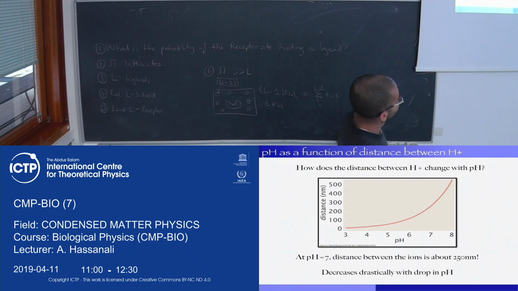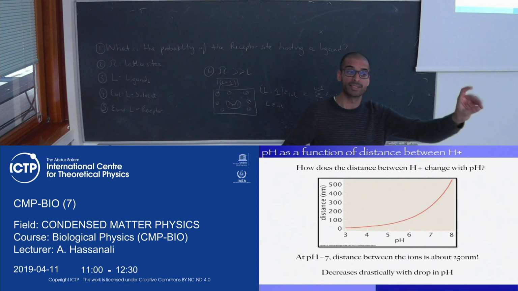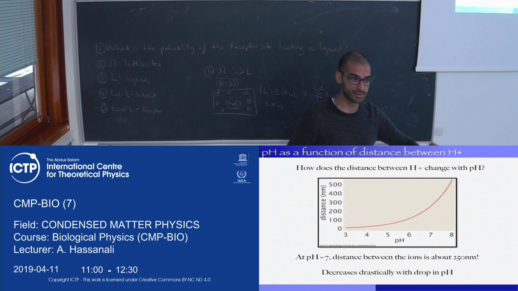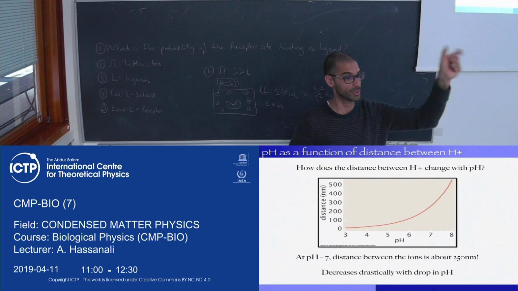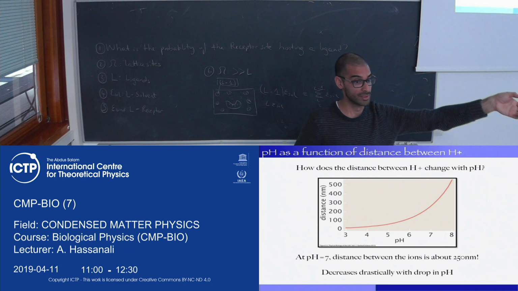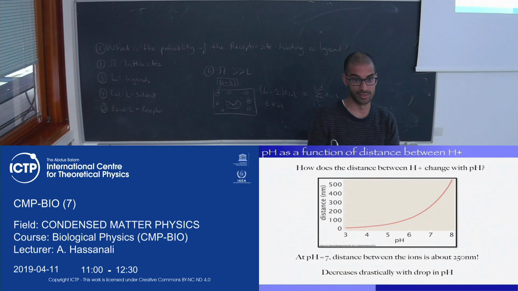So that's the question. And if you remember, we asked a very similar question when we were talking about the concentration of proteins in cells. We said, let's put the proteins on a lattice, and then we asked what would be the typical distance between protein molecules at different concentrations. The higher the concentration, the shorter the distance. So it's exactly the same question.